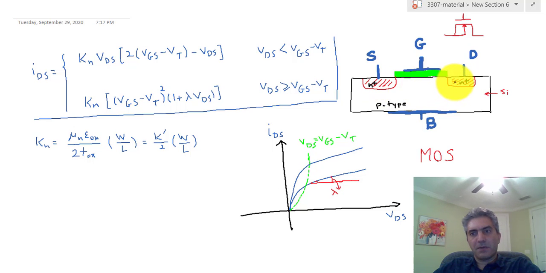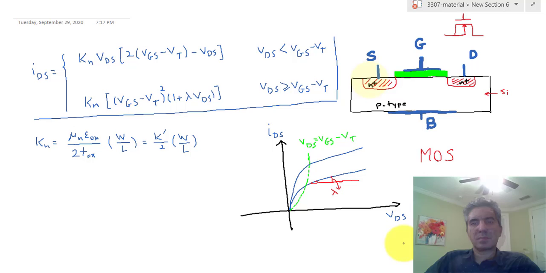And in this specific case of an N-type, the drain has to be connected to a potential higher than the source, and the current goes from the drain toward the source, given the voltage of the drain is higher than the voltage of the source.